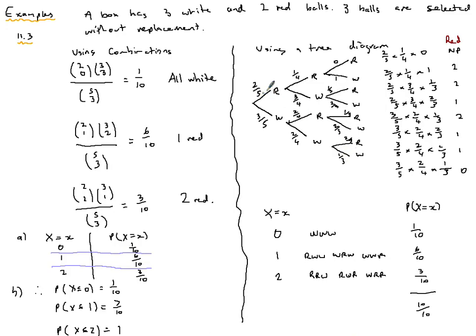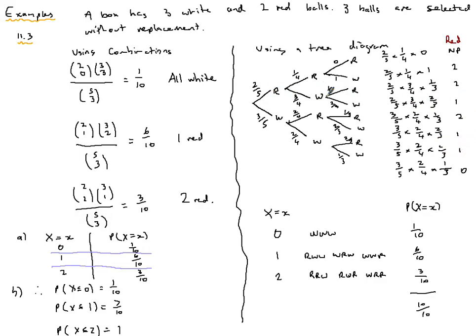Now, if we multiply the probabilities of each part of the tree, we get these. And if we're looking at the probability of getting 3 white balls, it would be that times that times that, which gives us 1 over 10. If we're looking at the probability of getting 1 red ball, we would look at all the 1 red ball solutions, which is this one, and this one.